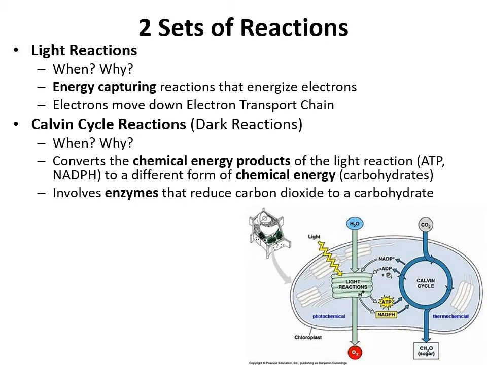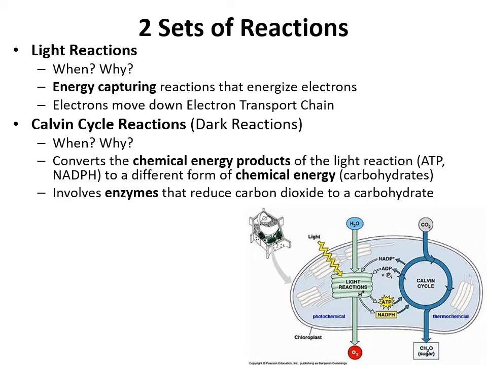And what happens in this Calvin cycle is these reactions are in charge of getting those chemical energy products, okay, into a different form. It's kind of like in cellular respiration, when throughout each of the phases you were breaking down glucose more and more into different kinds of intermediates.